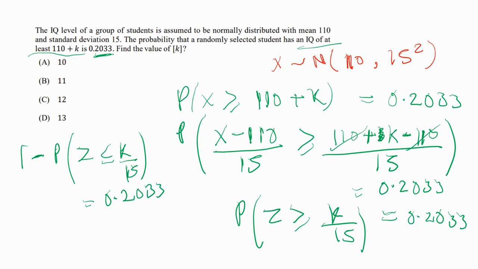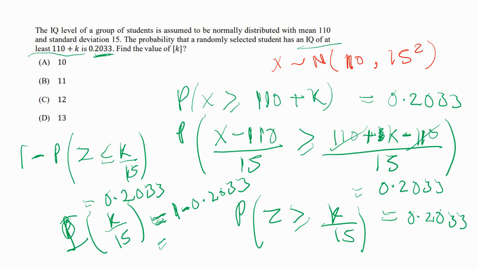So probability that z less than k by 15, which will be phi of k by 15, will be 1 minus 0.2033, which will be 0.7967.